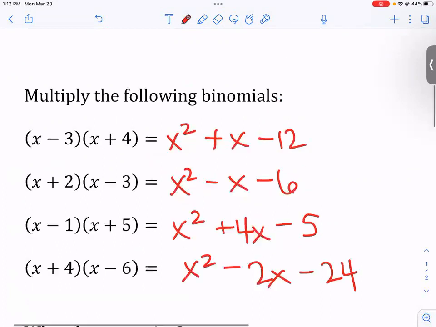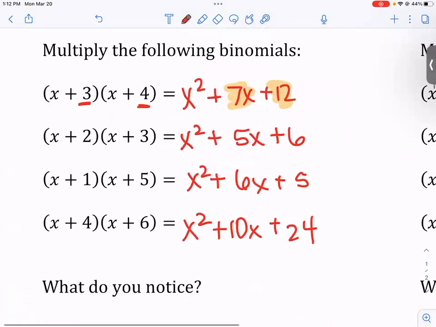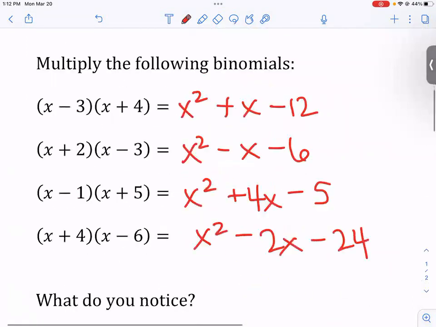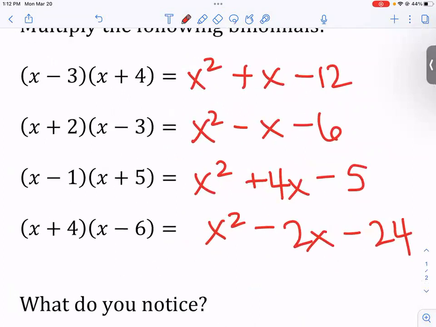Now, up here, we added these two numbers to get this middle guy. Do you think that's still going to work? What's negative 3 plus 4? 1. What's 2 plus negative 3? Negative 1. What's negative 1 plus 5?